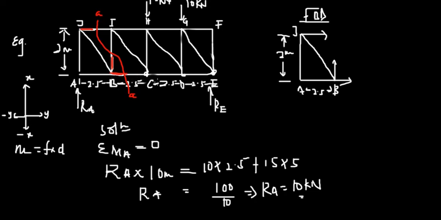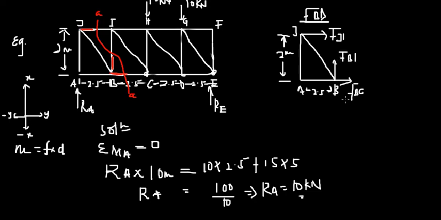So most definitely this force will be FBC, okay? And this is JI, so this force will be FJI, okay? And this is BI, so this force will be FBI, or FIB, okay?